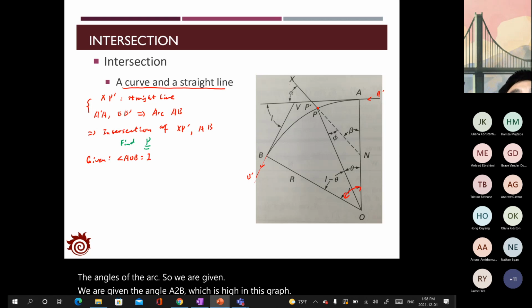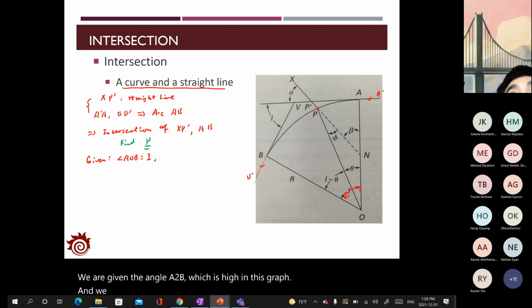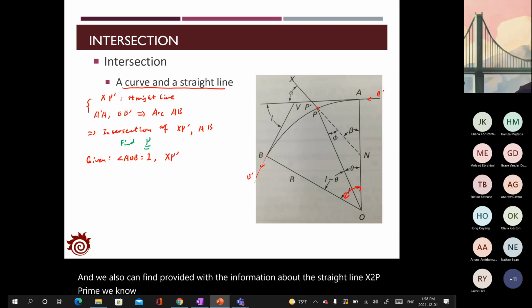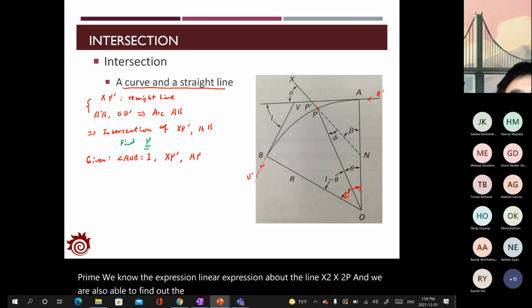We are also provided with information about the straight line X to P prime. We know a linear expression for the line X to P prime, and we are also able to find the line from A to P prime.